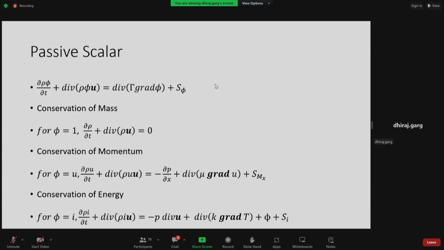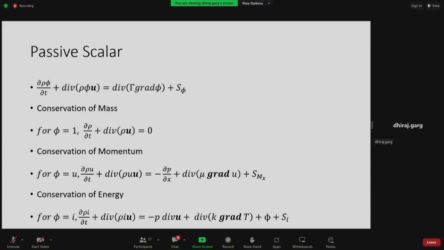The second term is the convective term, how the property is changing due to convection, due to the flow in the system. The third term is related to diffusion, the molecular process: how the property phi is changing due to diffusion in the system.